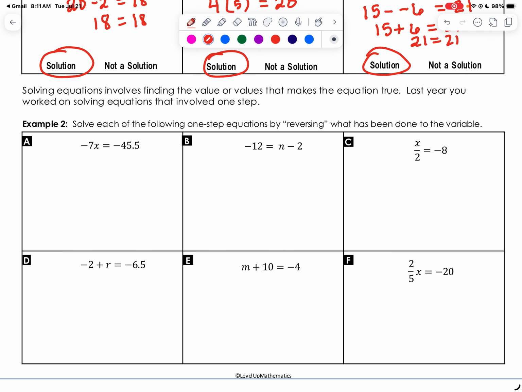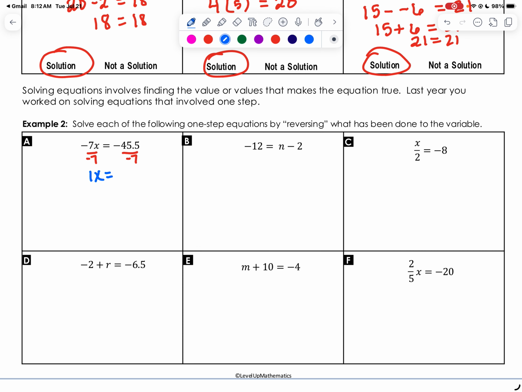The opposite of times is divide. So we will divide both sides by negative 7. So negative 7 divided by negative 7 would give me 1x equals, and negative 45.5 divided by negative 7.